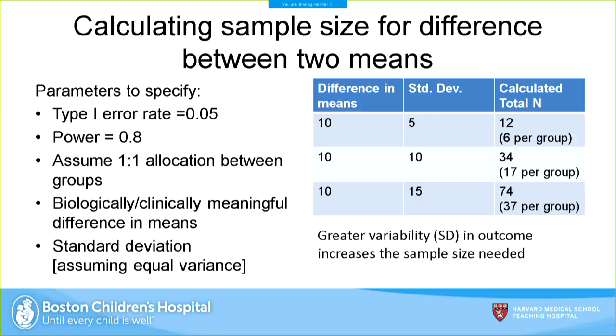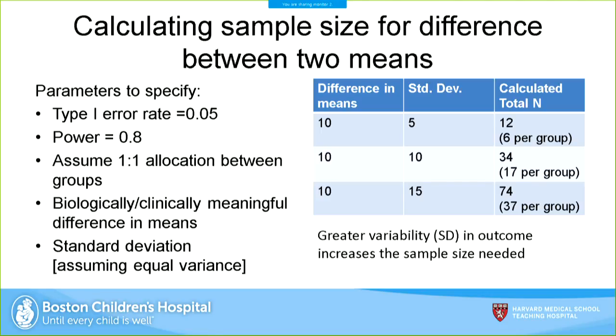And then you also need to establish some measure of precision in measuring the outcome. So in this case, we need to specify the standard deviation for the outcome. And for simplicity, I'm going to assume that the standard deviation is equal in both groups. So when we calculate this, here are some examples.